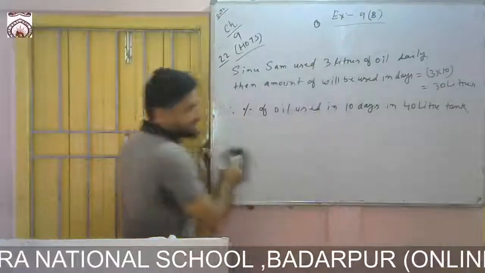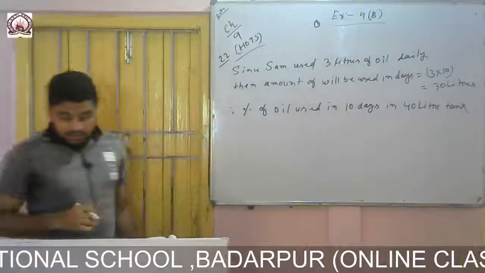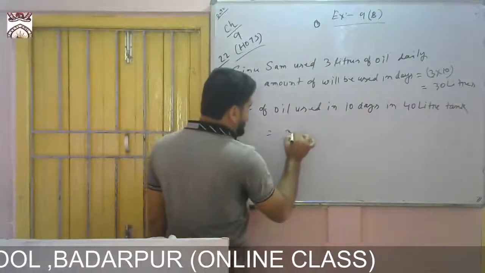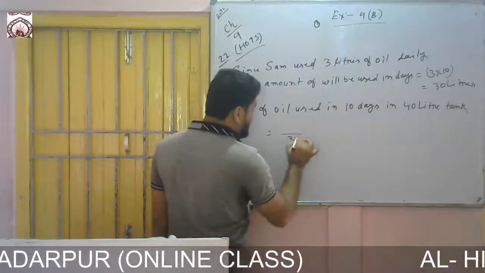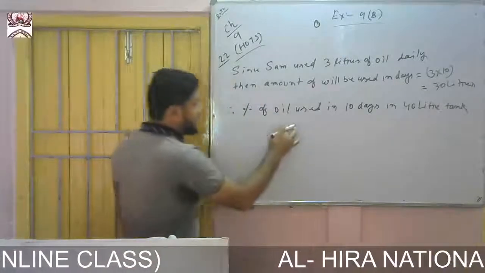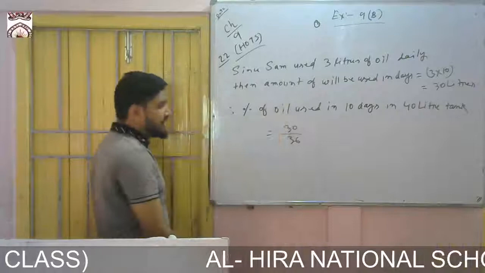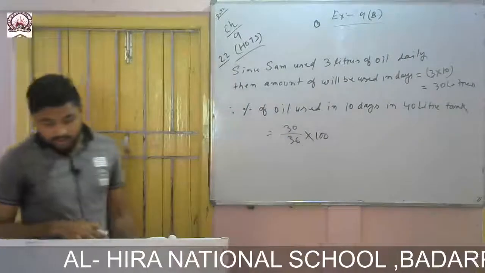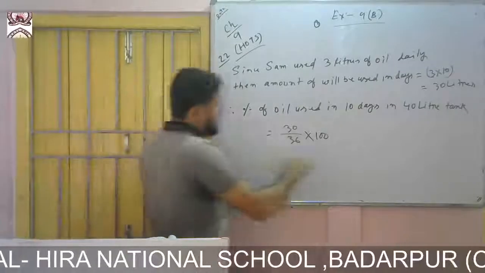It was 36. So out of 36, he uses 30 liters in 10 days, into 100%.